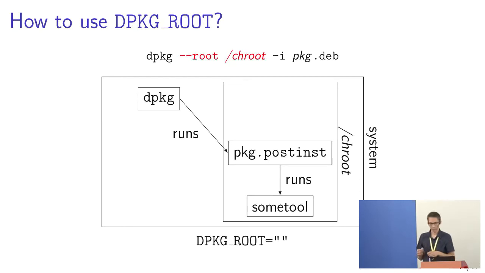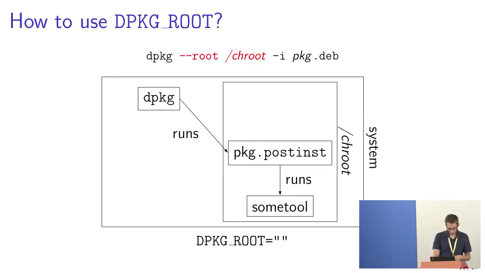The difference here is that now we are using the DPKG executable that's not part of the change root, but the one outside. And when it runs the maintainer script, it actually does the change root. So the postinst interpreter and the actual postinst and the tool actually run in a change root environment. And that's why DPKG root is still empty.